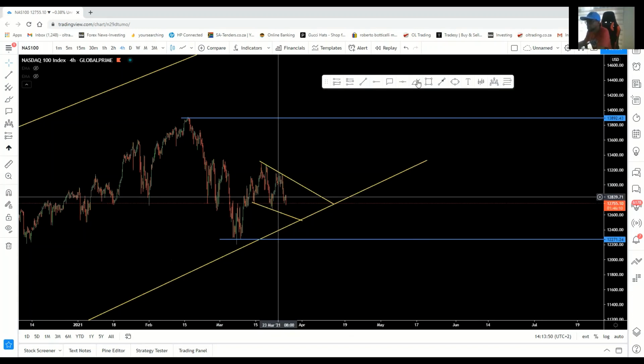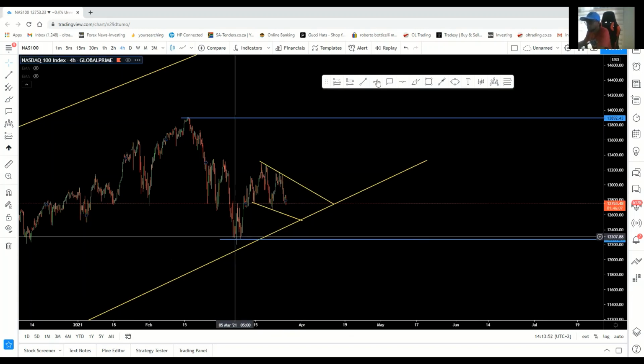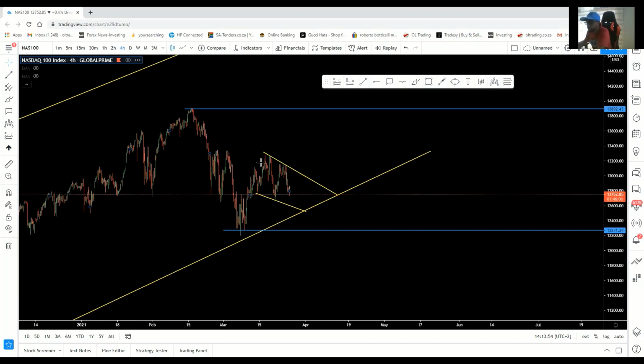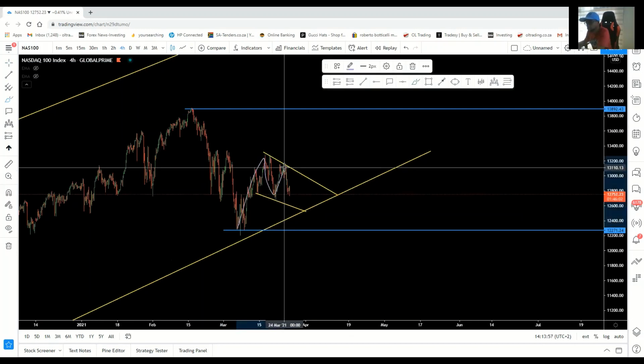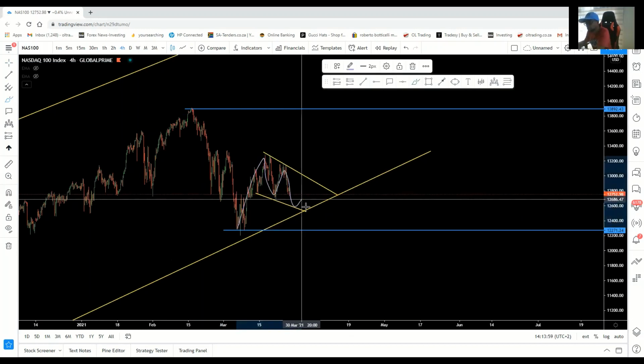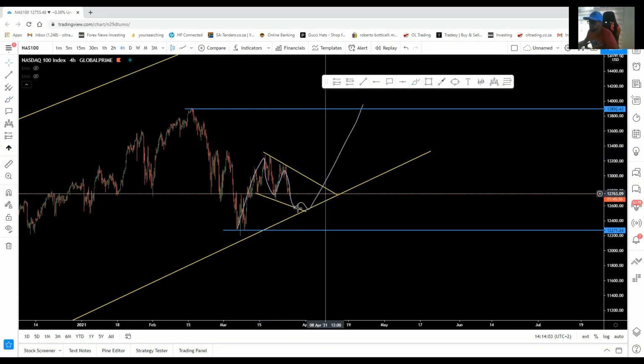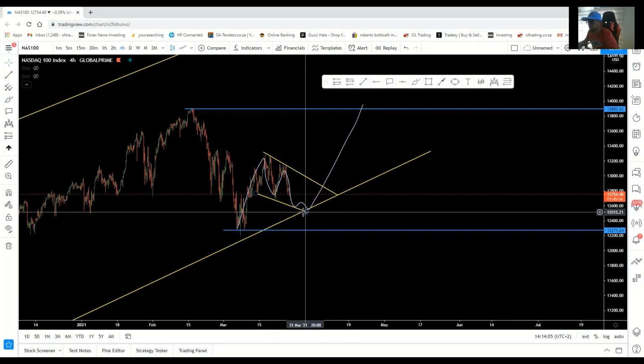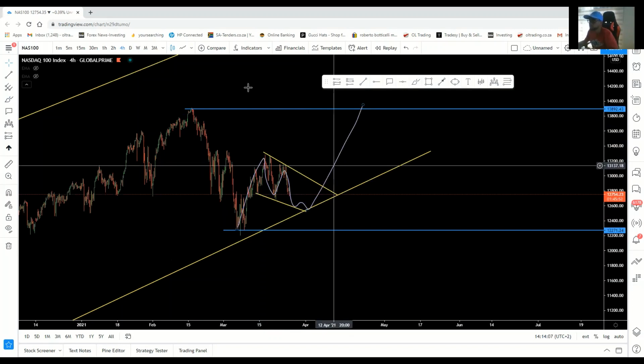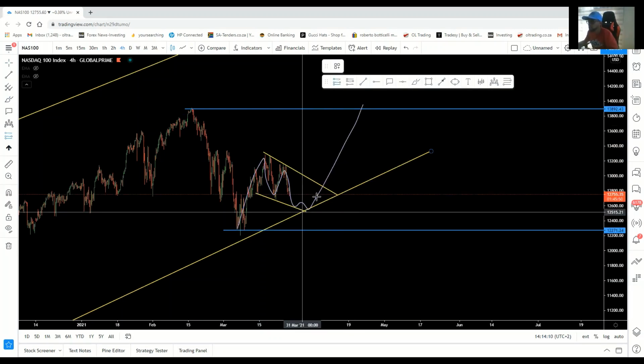This is a correction. So basically one thing that you need to understand is being patient will actually help you in the market. So this is just what I'm expecting to happen on the Nasdaq. I'm expecting it to come correct and touch this level, and then we shoot to the upside. I'll take my long positions.